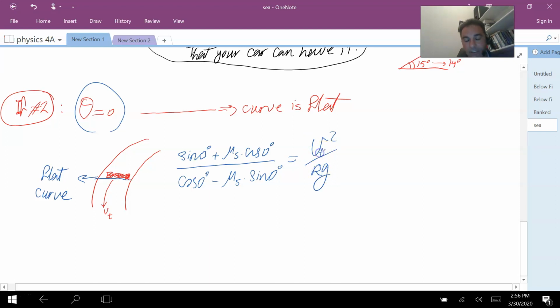This is Vt. So sine 0 is 0, cosine 0 is 1, so this section will be mu s.